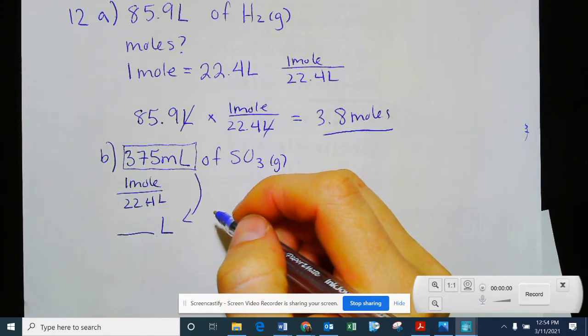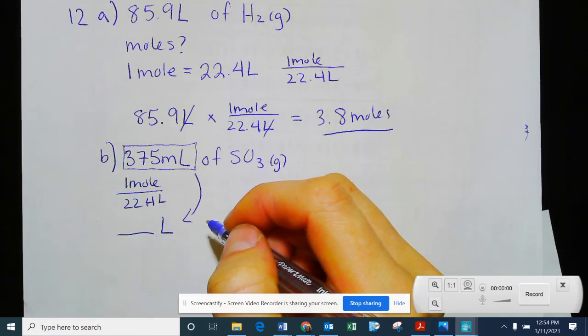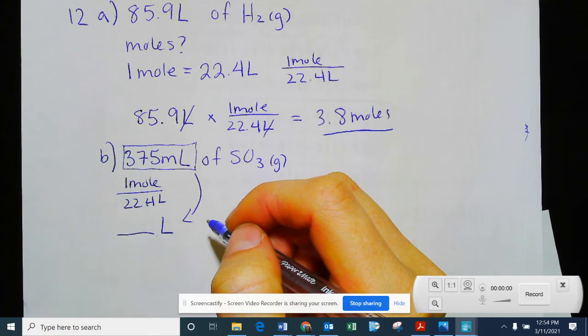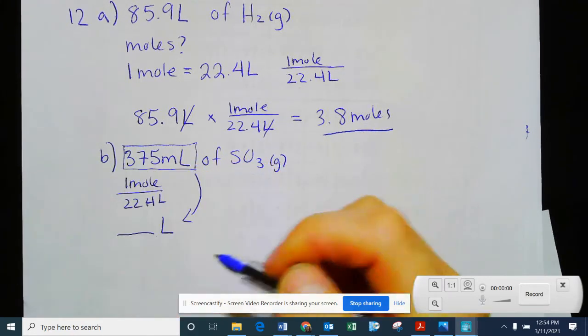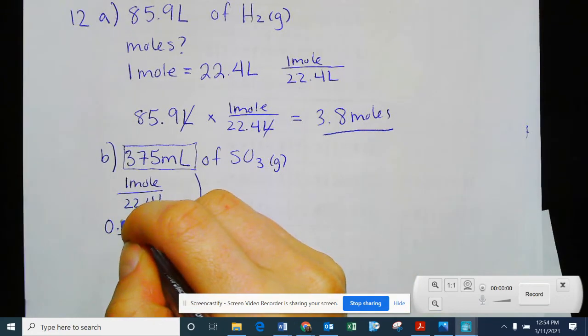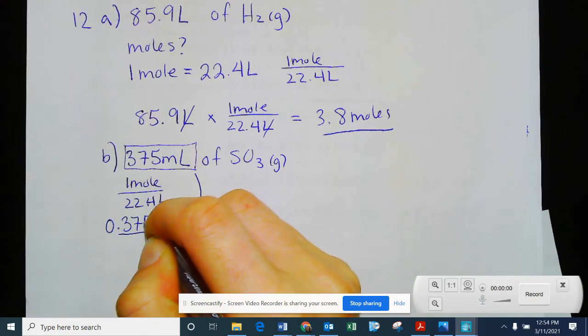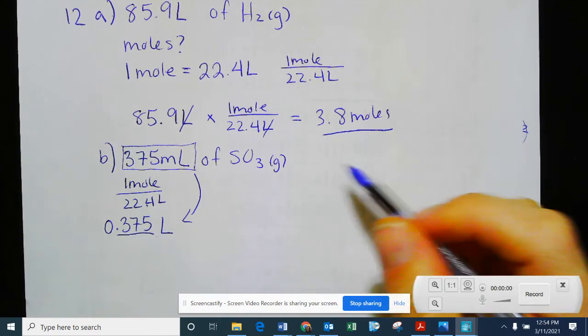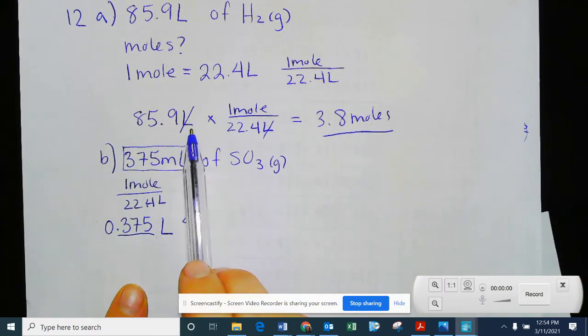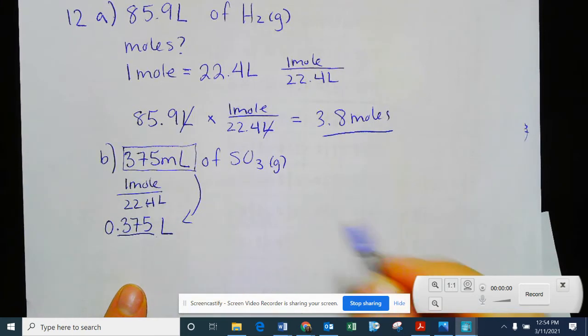When we're going from milliliters to liters, does anybody remember how many milliliters are in 1 liter? 1,000. So I'm just going to move my decimal over 3 places there, and I've got 0.375 liters. Okay. So now this is a very similar question to the one up here.